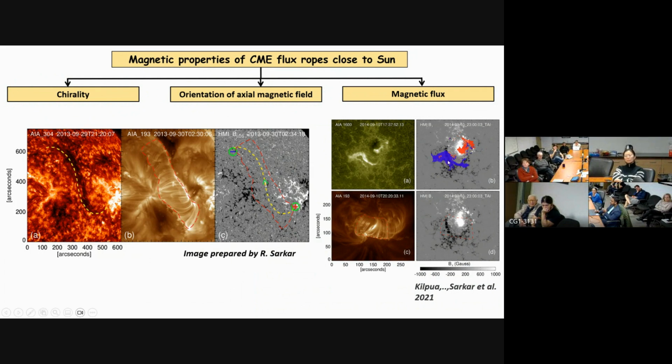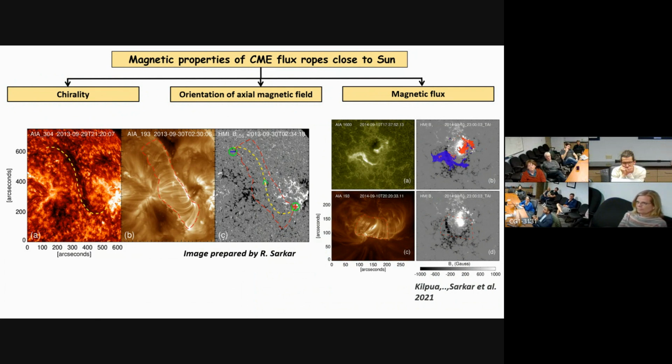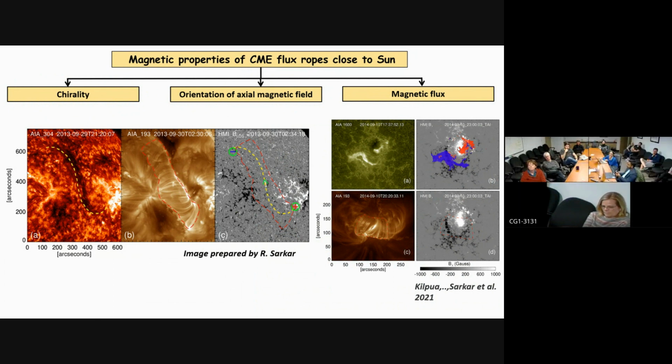Here is again one example: we can observe the AIA 1600 image to identify the flare ribbons, and cumulatively see how much area is swept out by these flare ribbons, and take the amount of flux, which is associated with the amount of poloidal flux injected into a CME. So using these proxies, we can also estimate the magnetic flux.